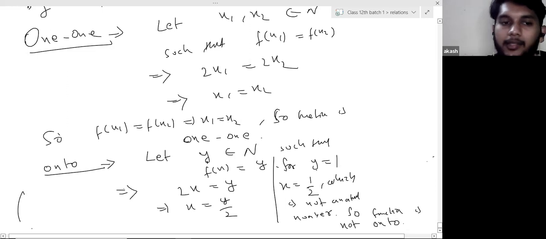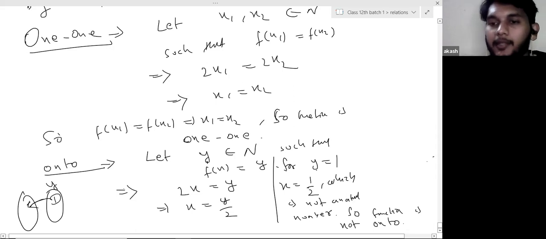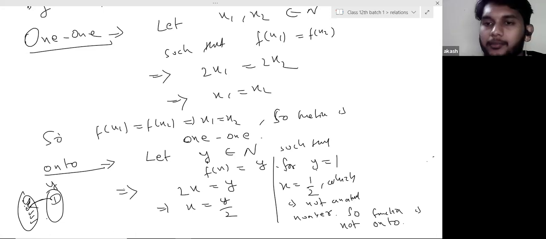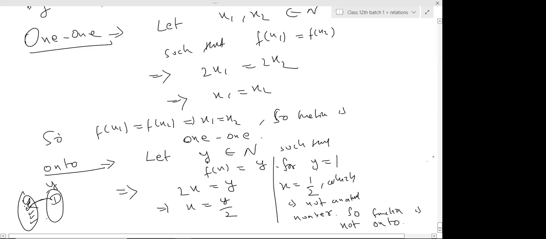But 1 is in this set B, but 1 is not connected to any element of set A because x is all natural numbers. All right, Ishan, is this clear? Yes, sir. All right, please note it down, everyone. Syed, Shikani, Ronaldo, this is clear? Yes, sir. All right. Note it down.